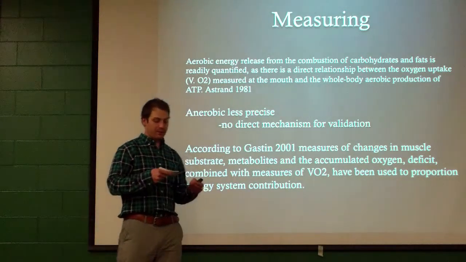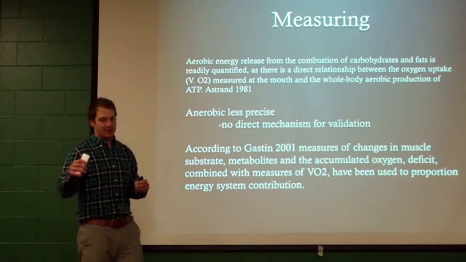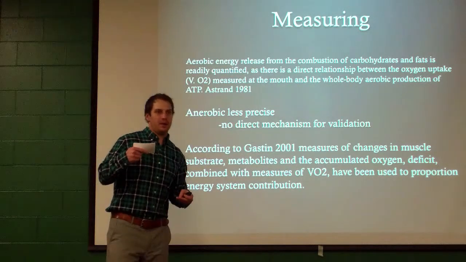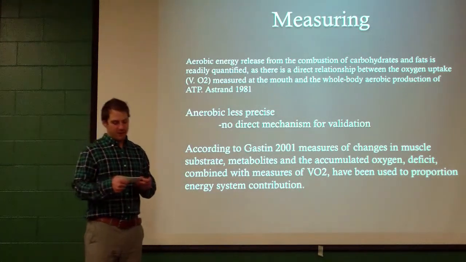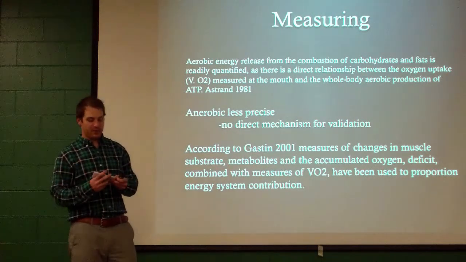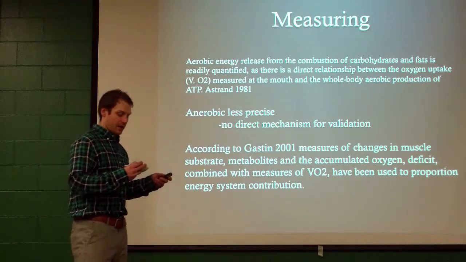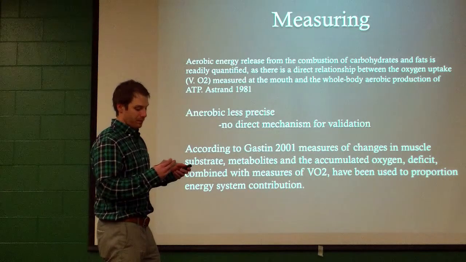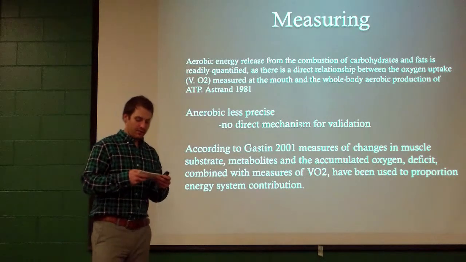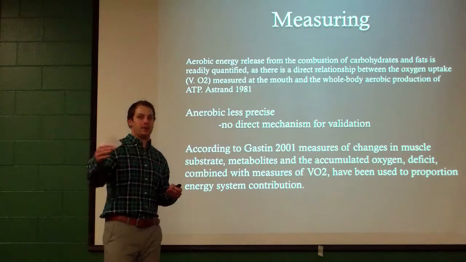In a study by Bertuzzi, when they were doing incremental sprint tests, they found that the aerobic system corresponded to 93% of total metabolic demand, and the glycolytic system was only about 7% of metabolic demand at speeds corresponding to anaerobic threshold.